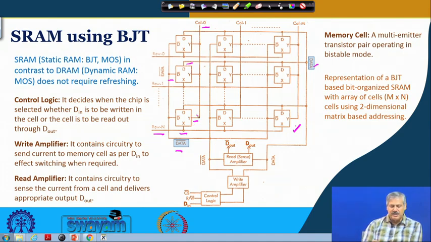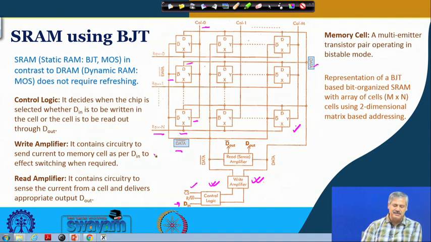What we had seen before is that there is a control logic block, similar to what we had seen before. In addition, we have a data in input. This is chip select, and this is the read or write operation that we are doing. This is a write amplifier block, some additional circuitry which makes writing happen.